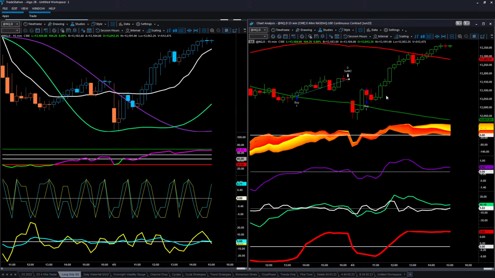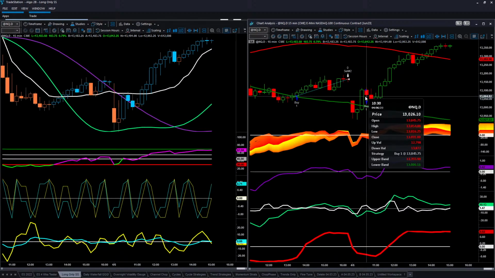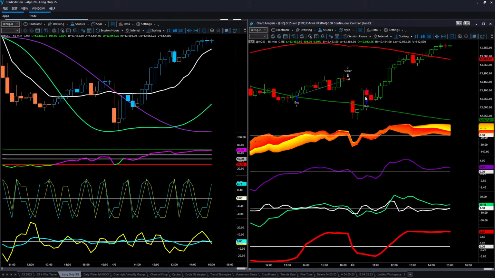This strategy is really a long only concoction that I put together, and I've been running it for the last 6 weeks now, and it's going to be a permanent part of what I do here now. I've been testing it out, and it's been really dang good. This one caught the signal at 13,045. Had a little bit of a drawdown and then just ripped right there.